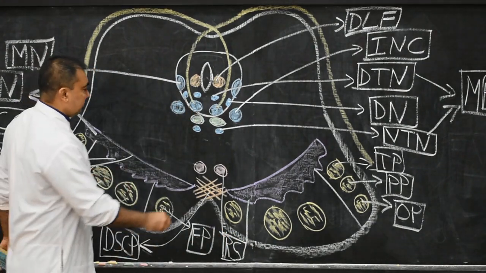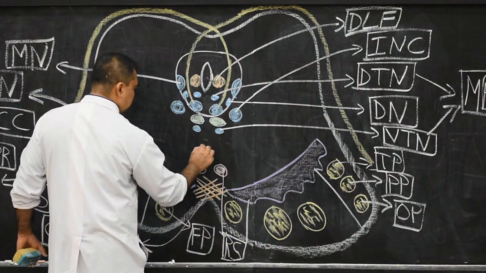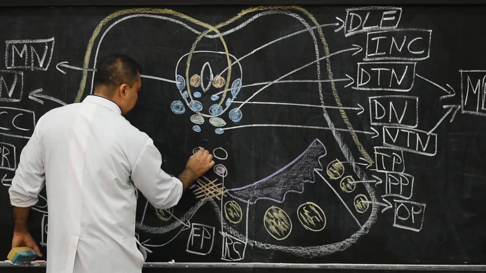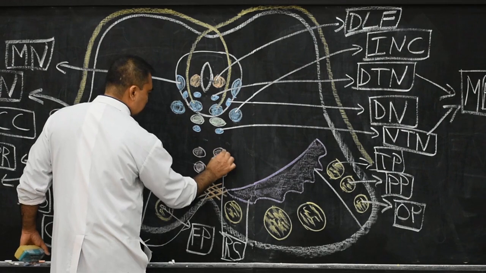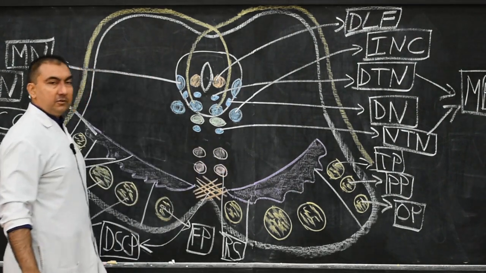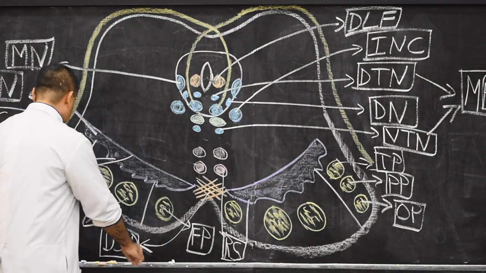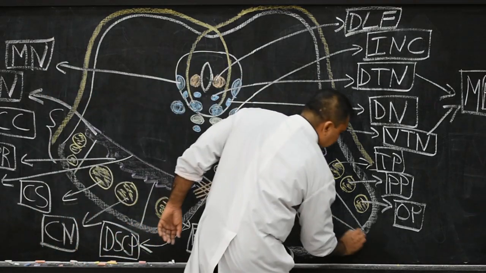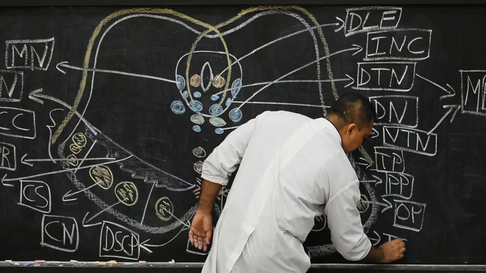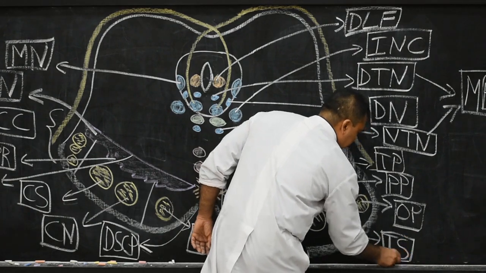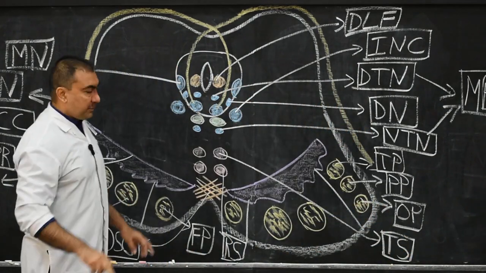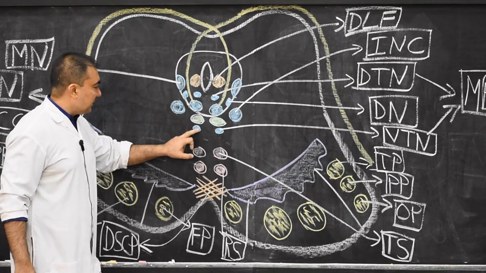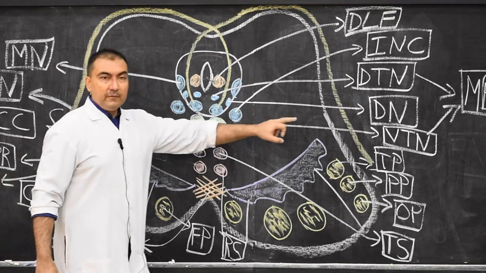Dorsal to the rubrospinal tract, we come across another pair, and these will be known as the tectospinal tract. So here I will mention it as tectospinal tract. And dorsum to the tectospinal tract is the medial longitudinal fasciculus. But just in front of the medial longitudinal fasciculus we have drawn the ventral tegmental nucleus.